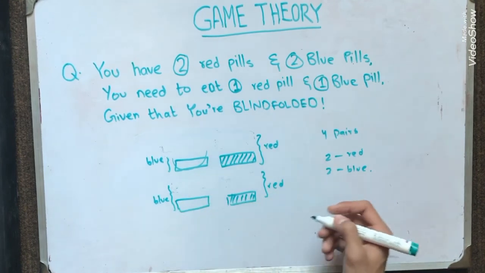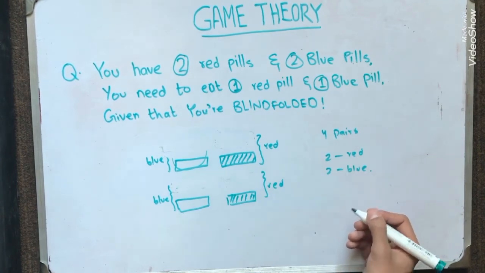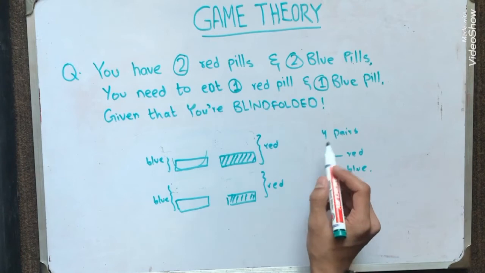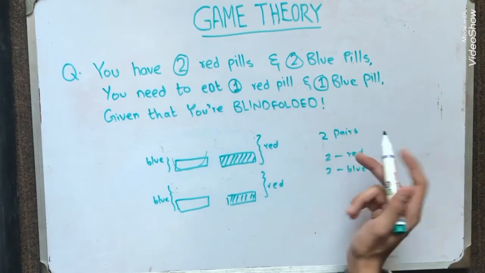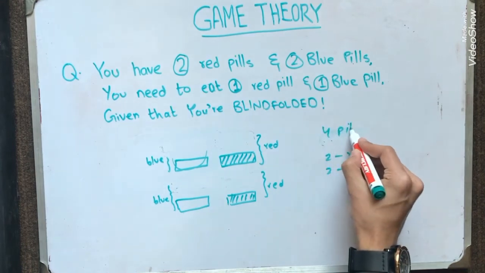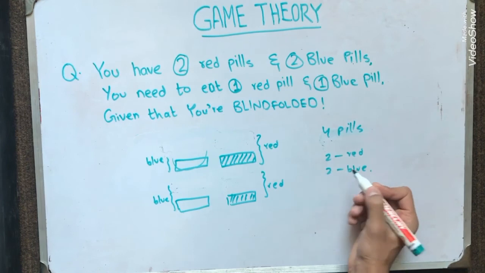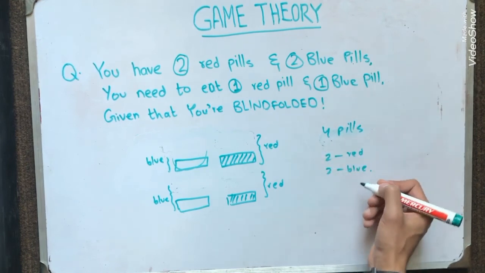So I'm going to apply the same way of approaching this problem to the original problem. In the original problem, I did not have 4 pairs, I just had 2 pairs. And 2 pairs are actually just 4 pills in total, right? Then I just had 2 red and 2 blue, not pairs, but actually the number of pills.